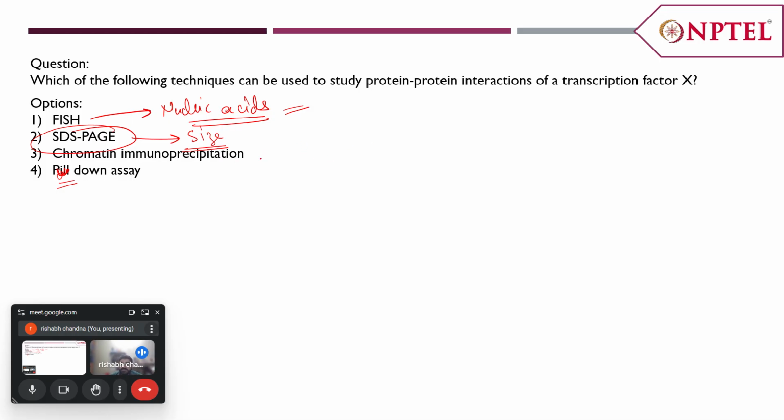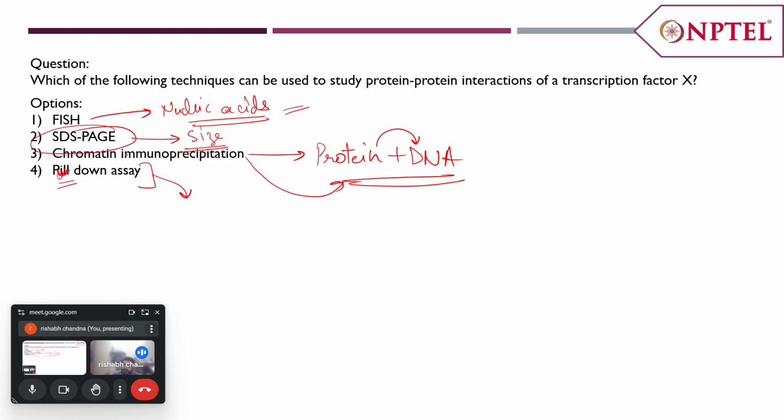Then we have chromatin immunoprecipitation. This helps in detecting protein and DNA. When a protein binds to a specific DNA site, we will be able to detect it using chromatin immunoprecipitation. And the last one is the pull down assay that we discussed a few slides back.